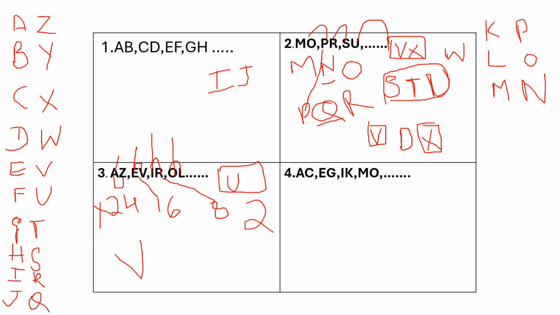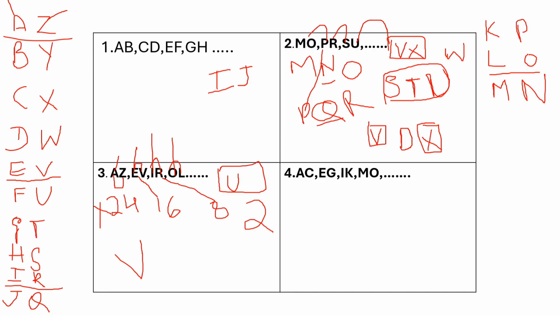These are in alphabetical order, and these are in reverse order. Okay, now we will check. A, in front of it Z is there. Okay. E, and for E, V is there. One is in alphabetical order and the other letter is in reverse order. Okay. I, and for I, R is there. O, and for O, L is there.